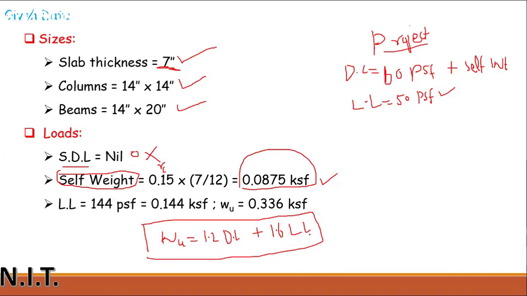Remember this formula. And this dead load, in your project you can calculate as 60 plus self weight of the slab. Self weight of the slab can be calculated by this method: unit weight of the concrete multiplied by thickness of the slab. Okay, you will get the self weight of the slab. Clear? Any question?